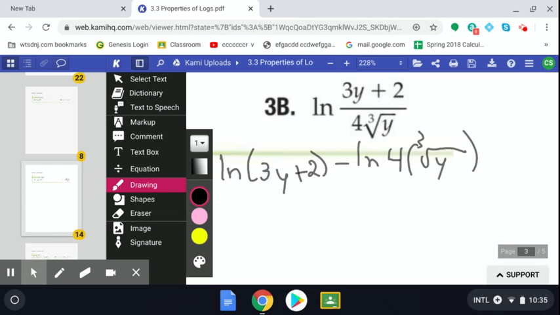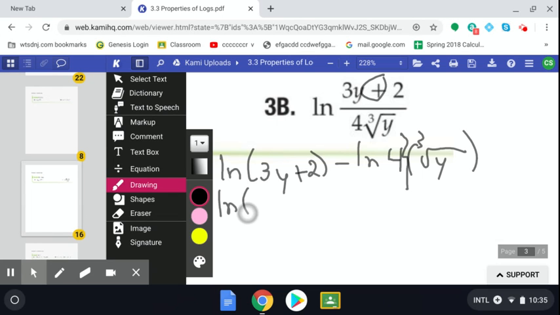Now looking at this expression, I see that 4 cubic root of y means 4 times cubic root of y, which means I can expand that. So I am going to rewrite that as natural log. Now this one I cannot touch because it's a plus. I can only change multiplication to addition. This one I have to leave alone.